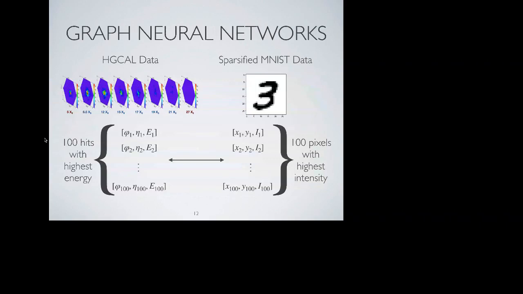So I essentially sparsified this by taking the 100 pixels with the highest intensities and analogously taking the XY coordinates and intensity as the feature vector for the nodes.